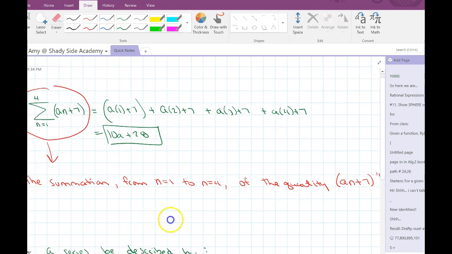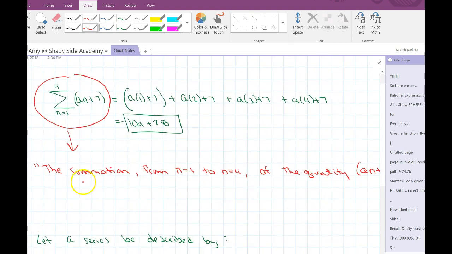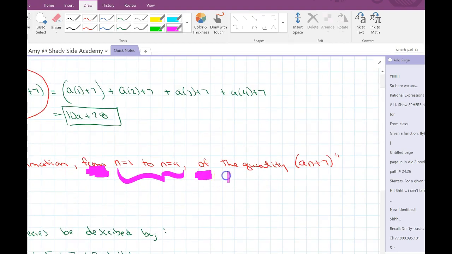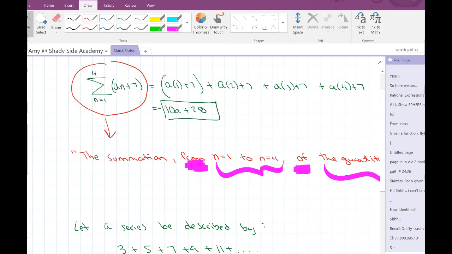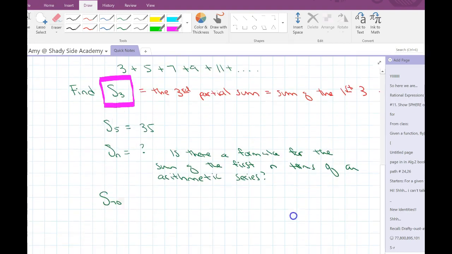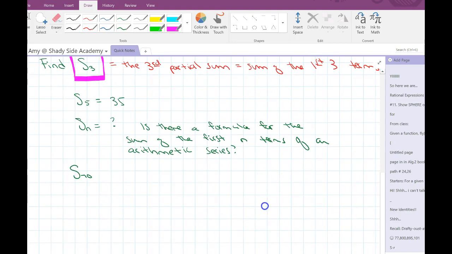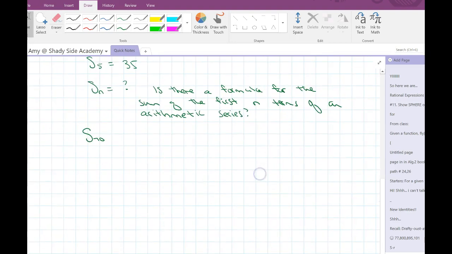That's how you say this. Very important. What follows the "from" are the lower and upper limits of summation. What follows the "of" is the summand. All right, so that's how you say that. One little detail I wanted to make sure that you knew.